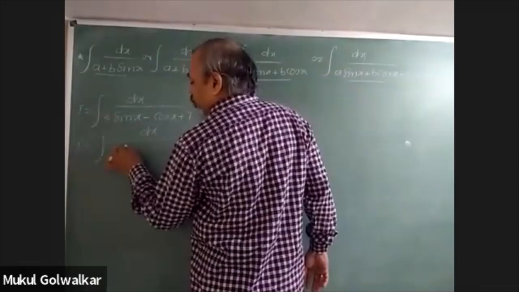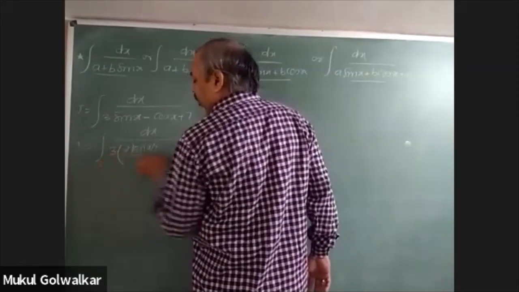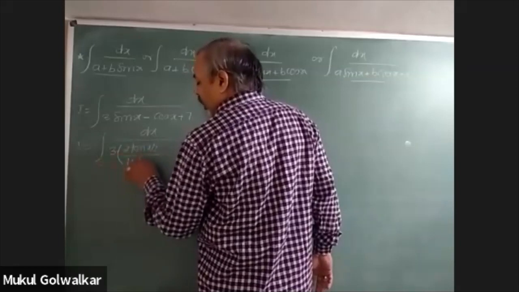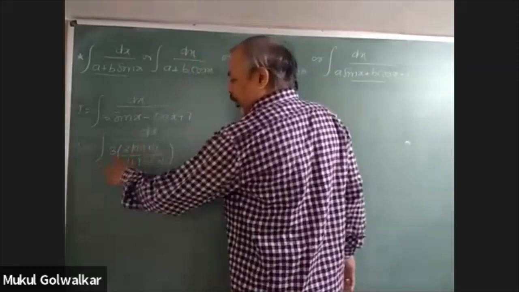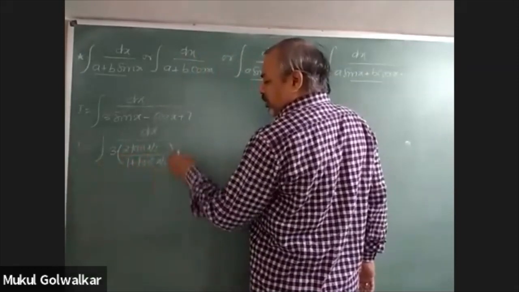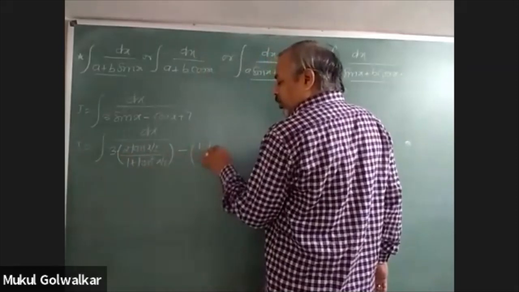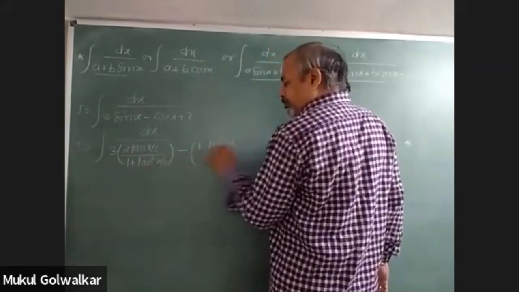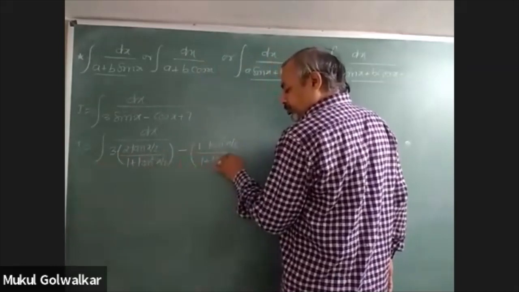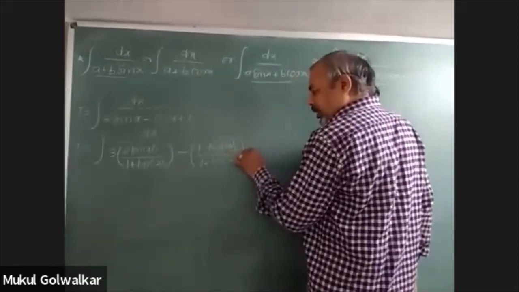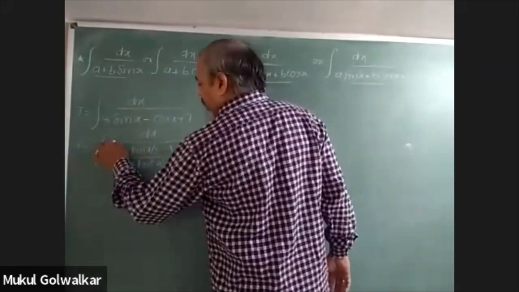So 3 into 2 tan x by 2 divided by 1 plus tan square x by 2, minus of 1 minus tan square x by 2 upon 1 plus tan square x by 2, plus 7. Okay. So this is the complete denominator.